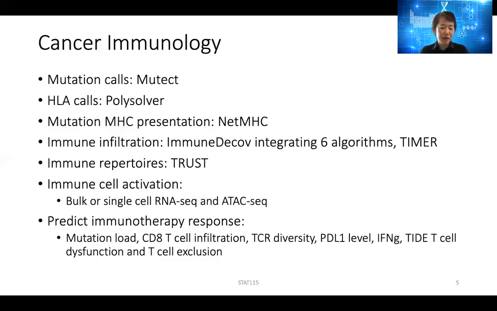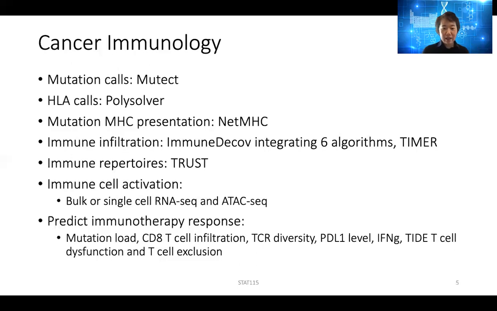And then we talk about how to predict immunotherapy response. What are the factors that influence how a patient would respond to immunotherapy? So mutation load seems to be important, because cancer cells with more mutations will look more foreign to the immune cell types.